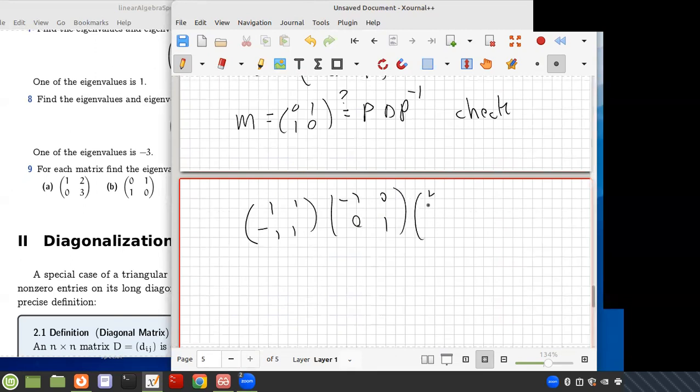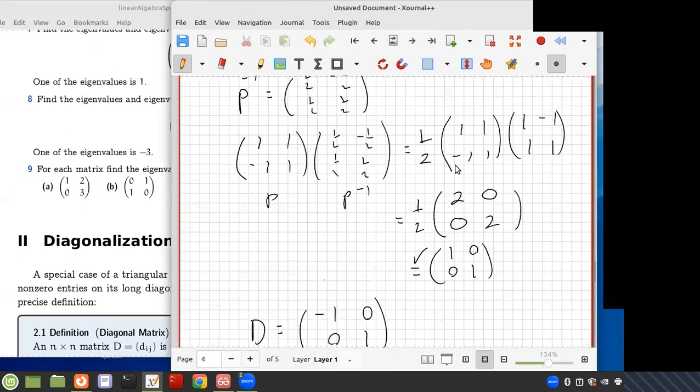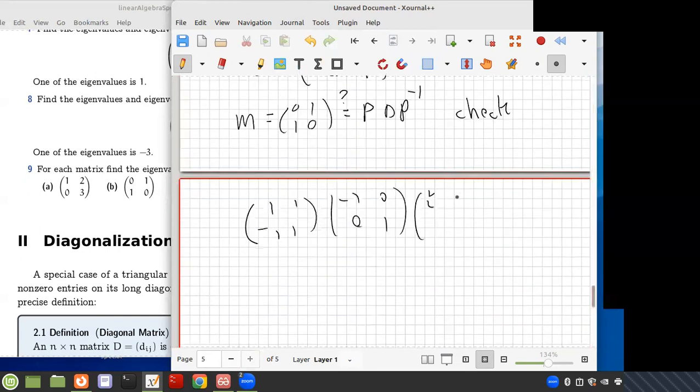And this is 1/2, minus 1/2, 1/2, 1/2. And we can check the case that if we put D to the n here, because we know that if this is true for 1, it's going to be true. So this should be just M to the nth power.